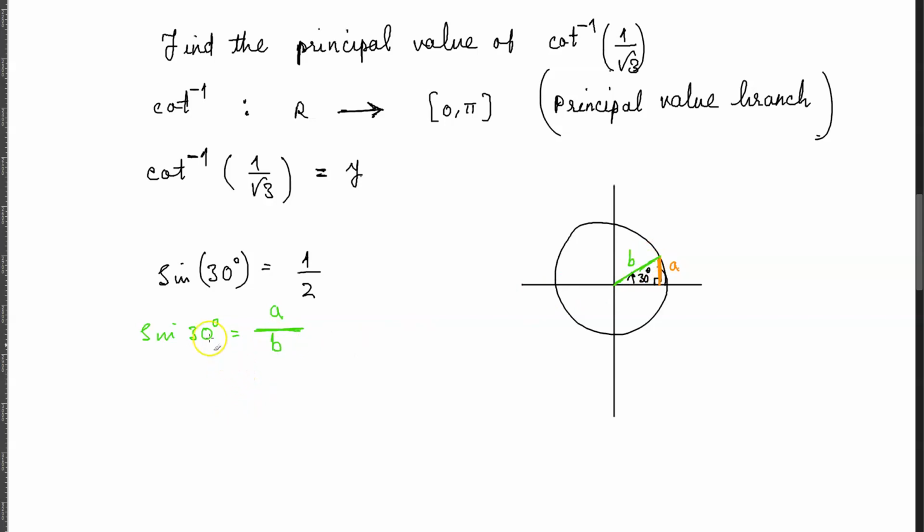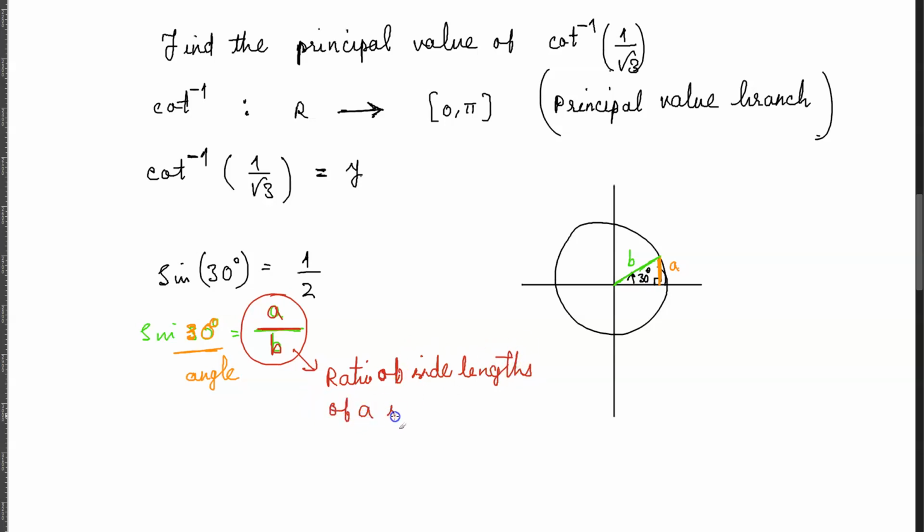So when you have the sine function, over here you will have an angle, and over here you will have a ratio of side lengths of a right triangle.